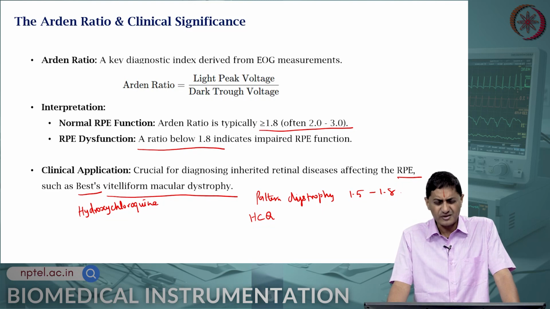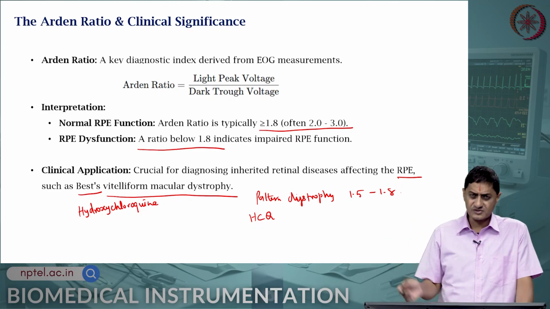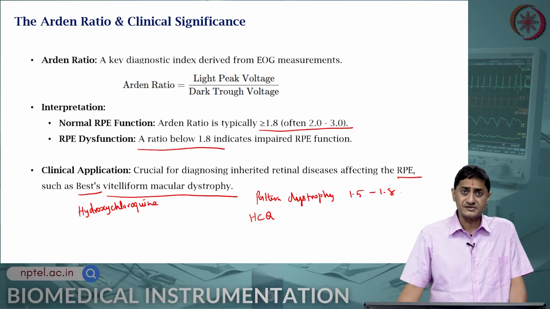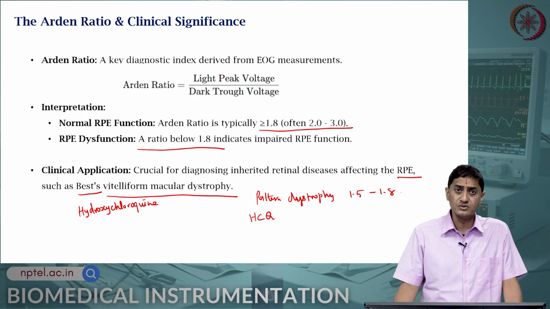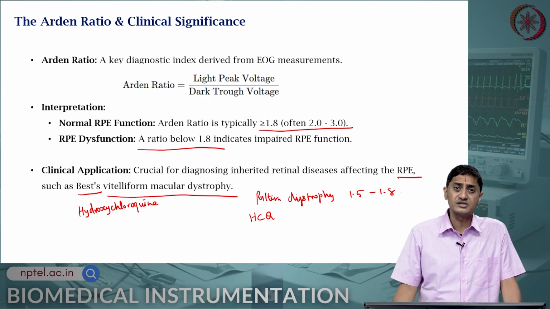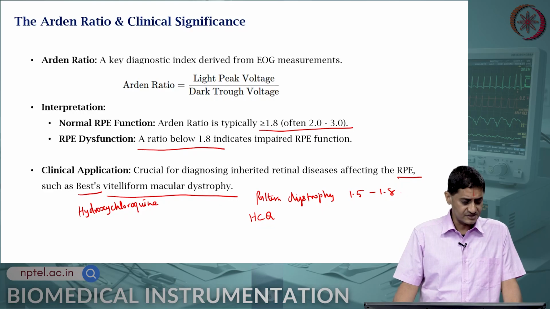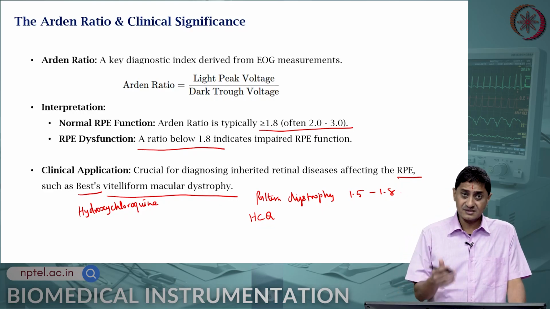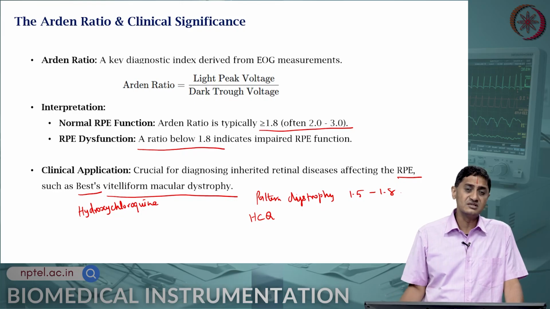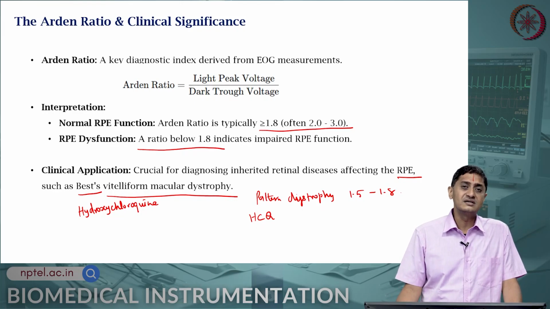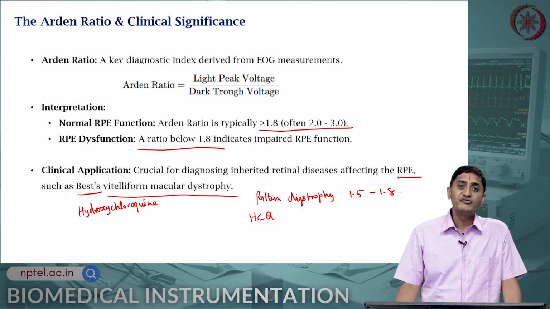Quite often HCQ is used to treat autoimmune diseases, for example rheumatoid arthritis. So, those who are taking HCQ for treatment of rheumatoid arthritis will have to get their eyes tested quite often for toxicity, and it turns out that this HCQ-related toxicity will first be visible in EOG and related parameters such as the Arden ratio before any visual symptom begins to occur.